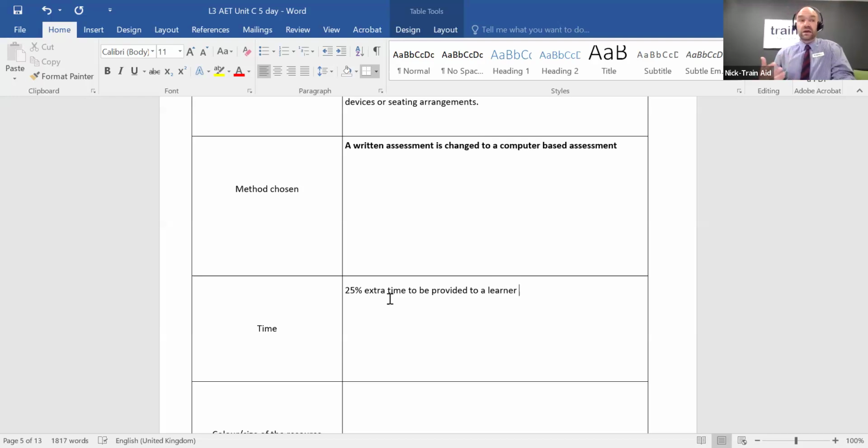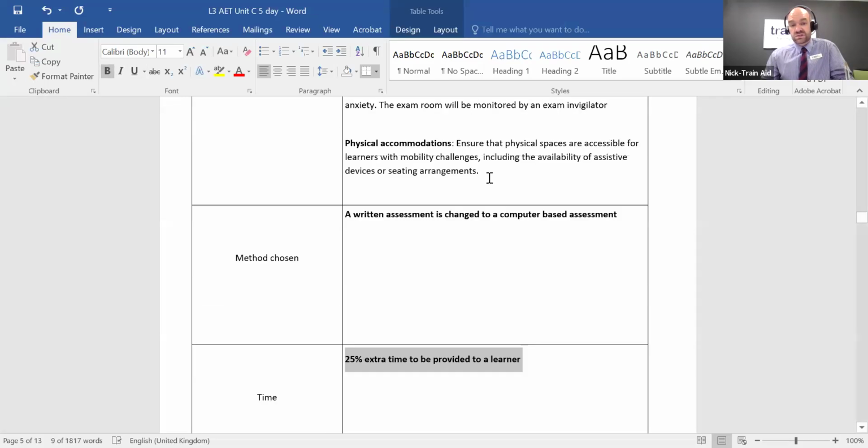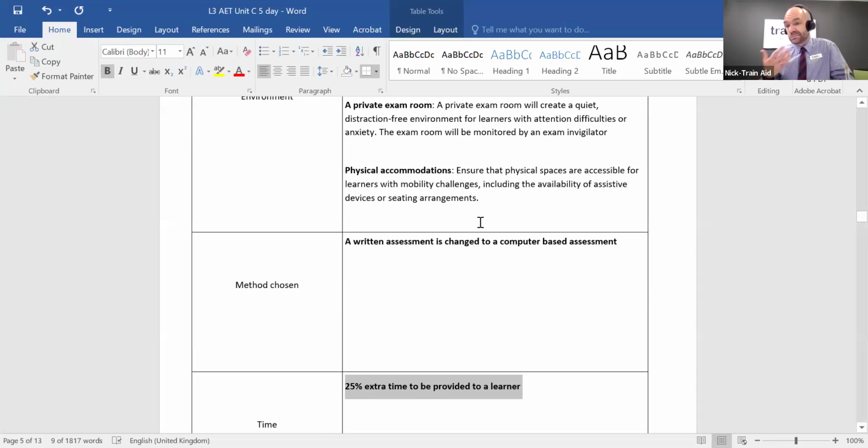So if they have dyslexia or a particular need that they've disclosed during the initial assessment stage, absolutely we can make changes that way to the assessment. So once again, to expand on that, we're looking for 2 to 3 lines of you explaining that assessment method adaptation.